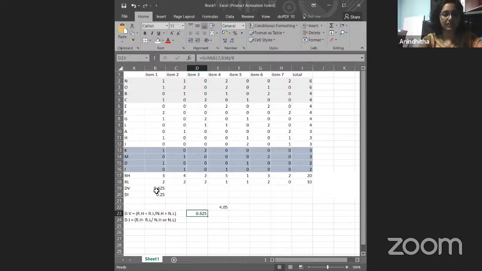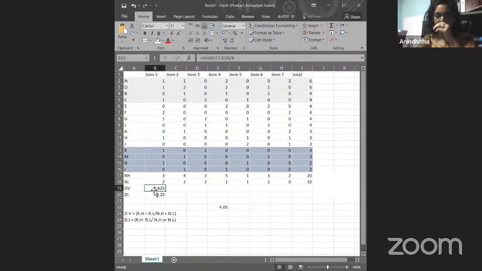This is the value that we get here. That's what I pasted over here. As you can see in our formula bar up top, I've done the same calculation in this particular box of DV for item 1 as well. I hope that makes sense. So I'm just going to copy and paste this over here. Yeah, so we've calculated the difficulty value for item 1.